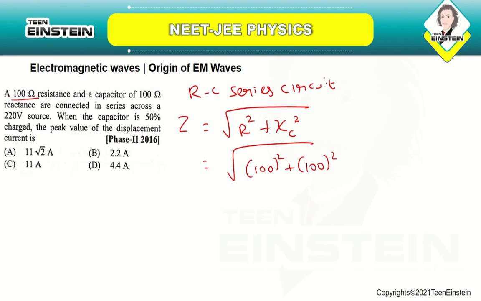So both are 100, and you will get it as 100 square plus 100 square, which is equivalent to 100 root 2 ohms.